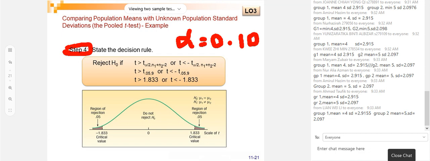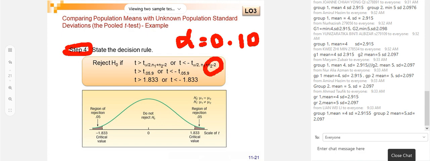So why minus 2? Mengapa kita minus 2? Boleh saya tanya Yuni Zaratika? Ya, Doktor. Mengapa n1 plus n2 minus 2? Sebab dekat formula kan S ada dua dekat atas, dua bawah.